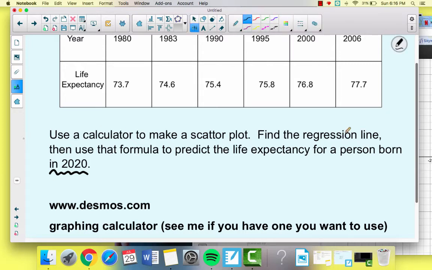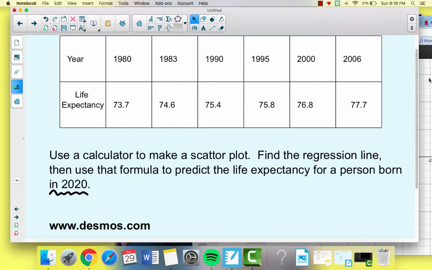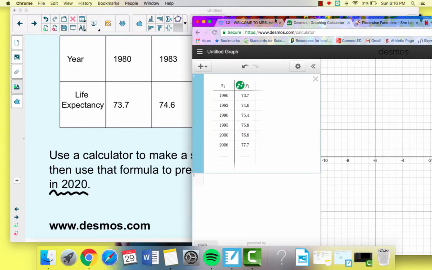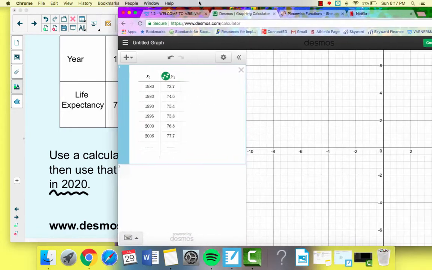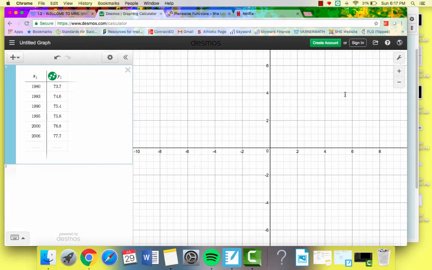I'm going to show you how to do this in Desmos. I would suggest taking notes on the steps, and then you're going to want to try this on your own computer and make sure you're comfortable using it. If you've got all that data written down, go to www.desmos.com and go to the calculator. You're going to get a blank graph. It's really nice.